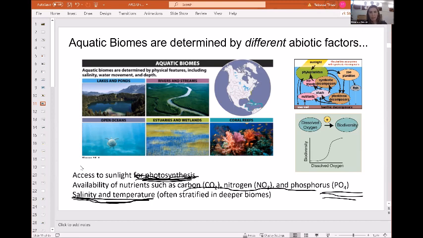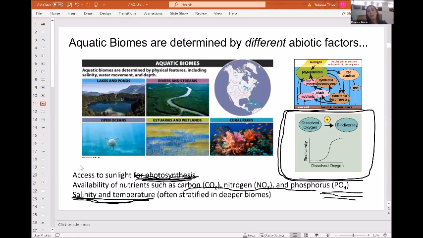Now, one last thing that's really, really important about aquatic biomes is this idea of dissolved oxygen. Just because organisms are aquatic does not mean that they don't require O2 for cellular respiration. They absolutely do.